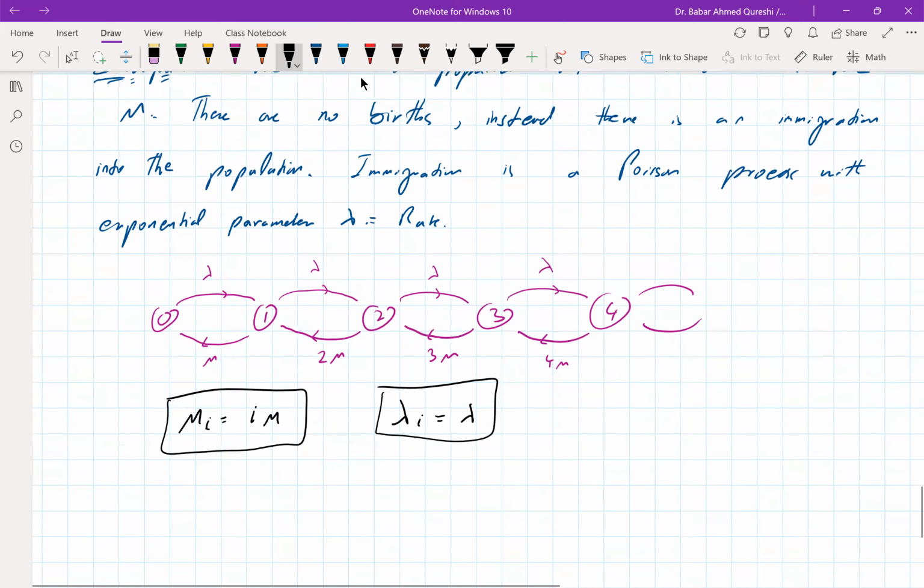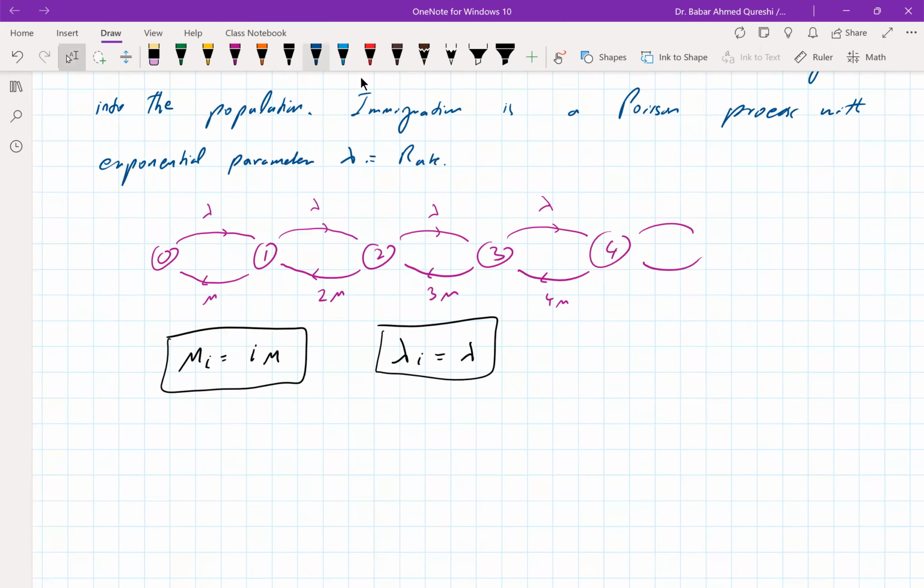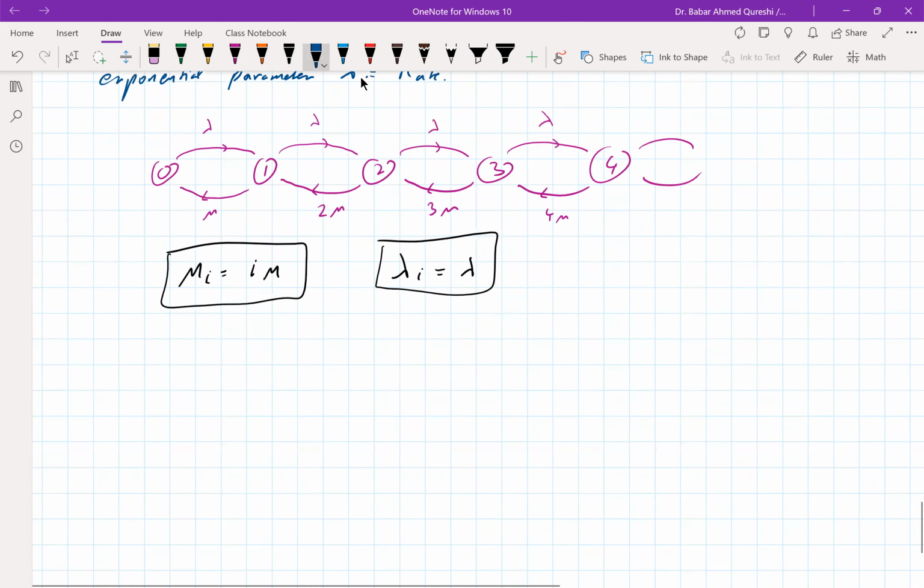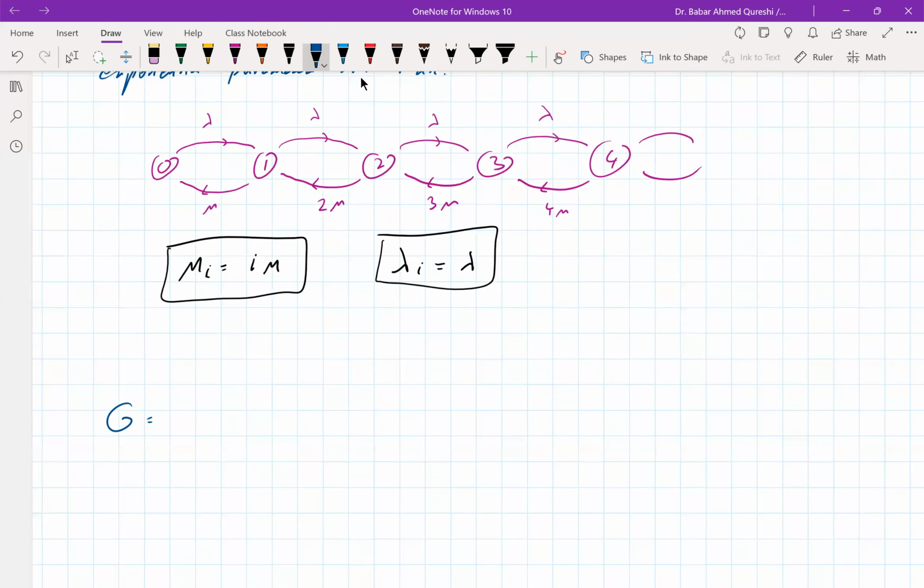So if I make the matrix, I have gamma 0, 1, which is lambda, this thing. And by the rules, gamma 0, 0 is minus lambda. So on. Gamma 1, 0 is mu.